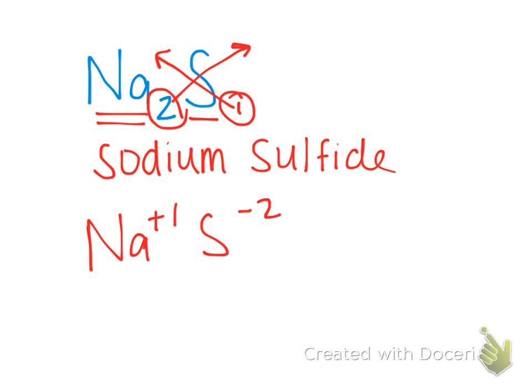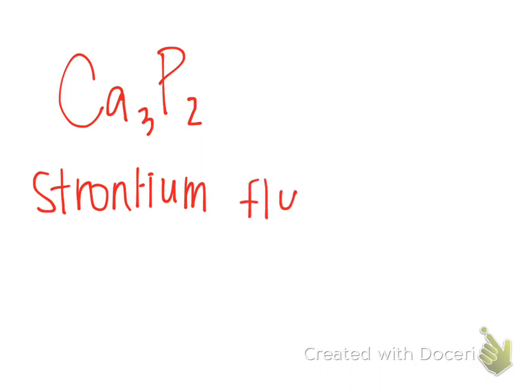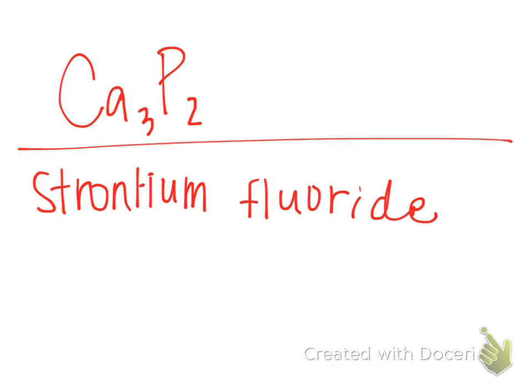So write me the name of this molecule, and then underneath that, I want you to write the formula for the other one. We've got one of each of these here. These are separate.